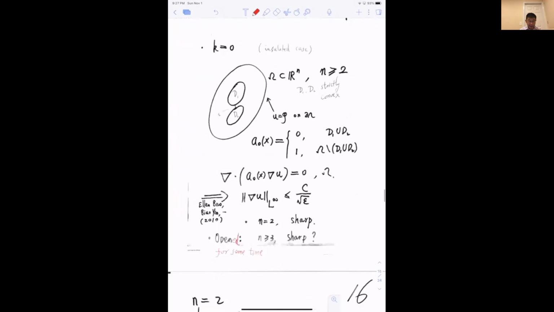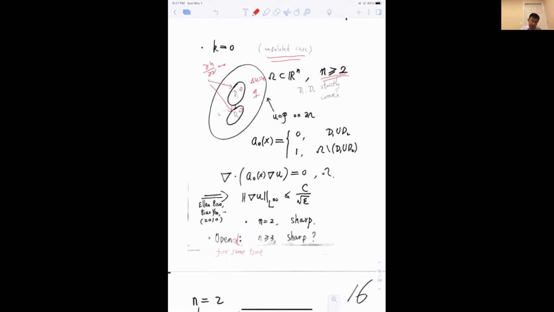So the insulated case, then, for higher dimensions. You put k equal to 0 here, and 1. So actually what you do is you put the Neumann condition here, and say Laplacian u equal to 0 in this region.